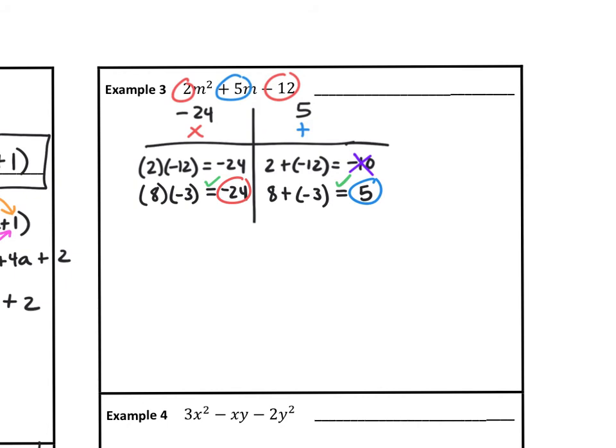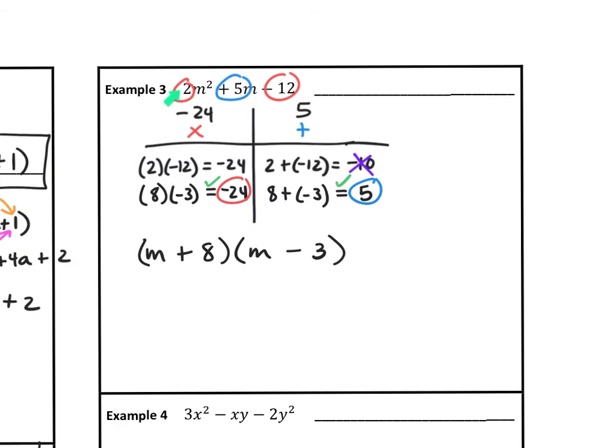All right. Then we're going to set up our parentheses. The letter that we're using is M, and the combination that worked was positive 8 and negative 3. Okay. And what was the number in the very front? It was a 2.